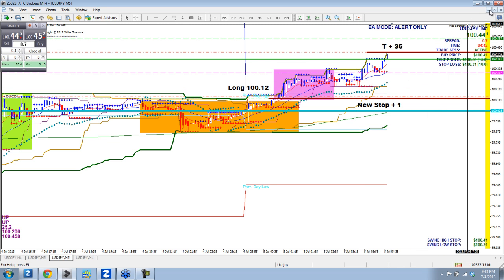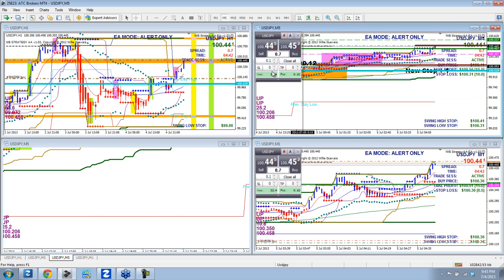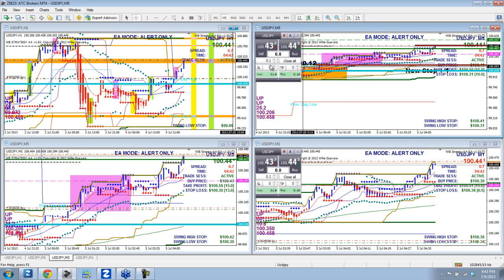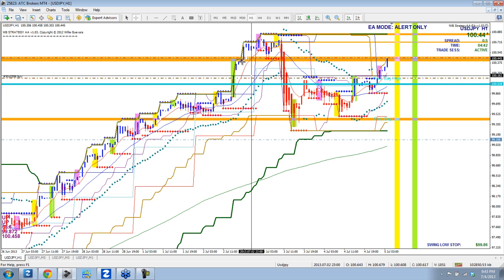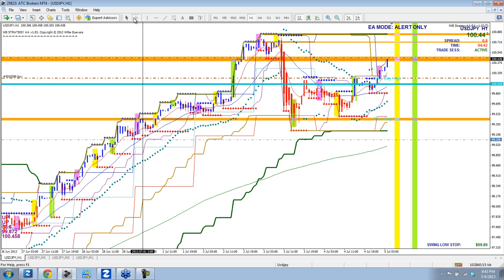Now looking at the target here, I use multiple time frames for my trades. Generally the 1 hour chart, which is what we're looking at right now. This is the 1 hour dollar yen. I use this to identify the direction as well as the targets. You can see that this shaded area is my resistance zone at 43.